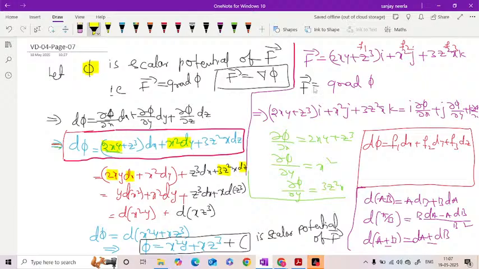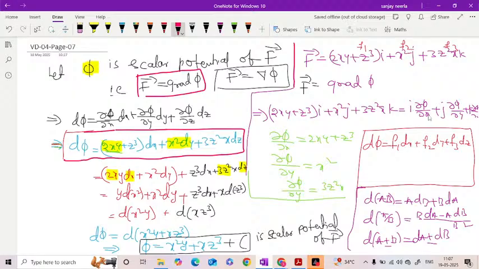Now already the given vector f is an irrotational vector. Just substitute here. So f is equal to gradient of pi, already the f is given, and compare.